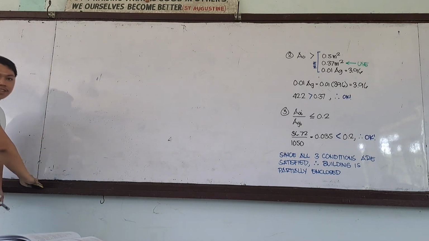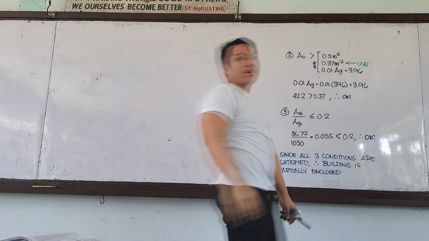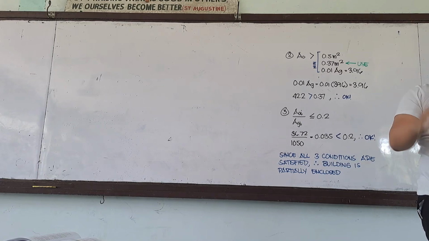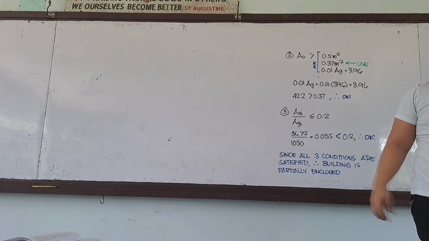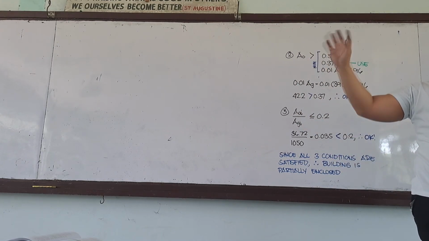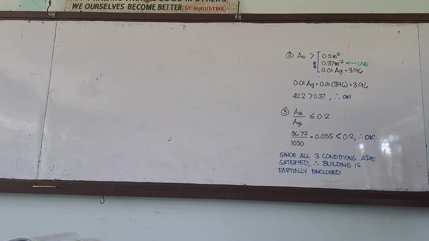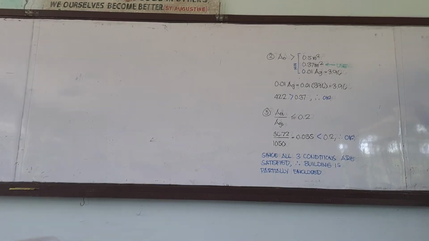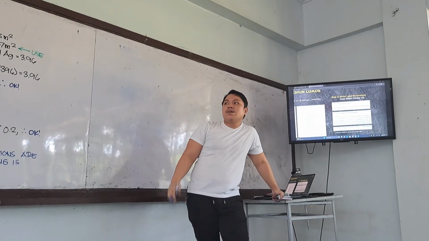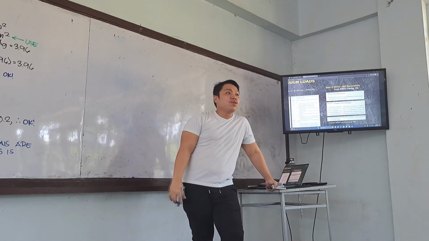We will have an alternate way. Most of the buildings you will analyze are rigid buildings. Our approach for flexible buildings is more complicated. We will have spectral analysis which we won't cover here, but our focus is low-rise or rigid buildings, partially enclosed or enclosed.